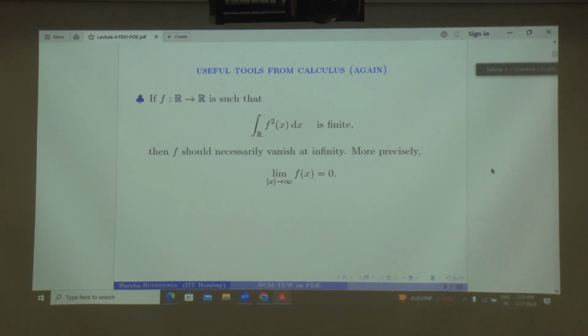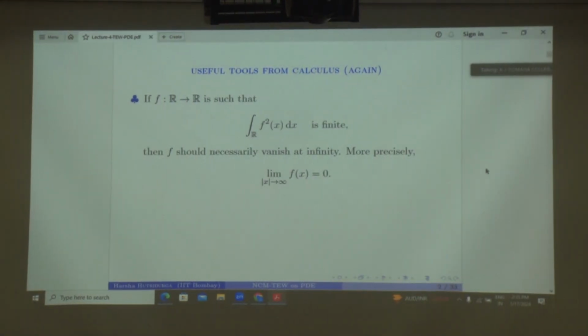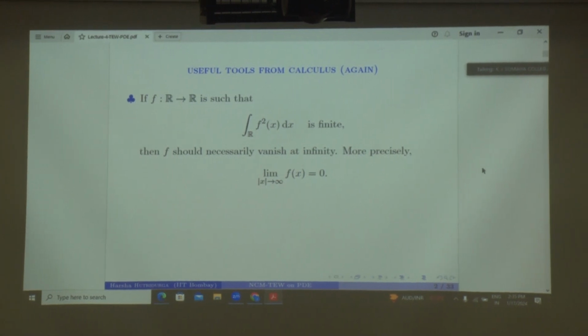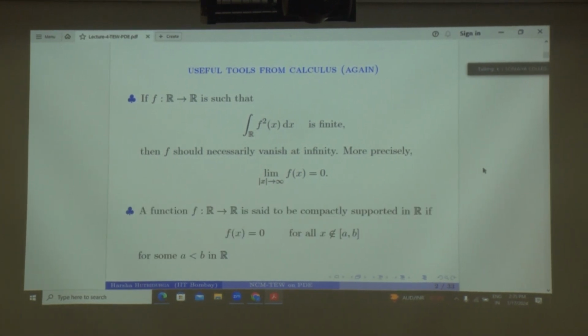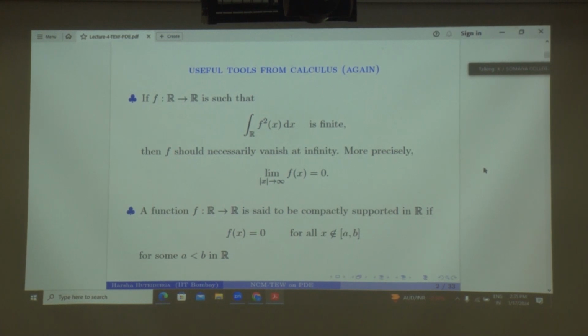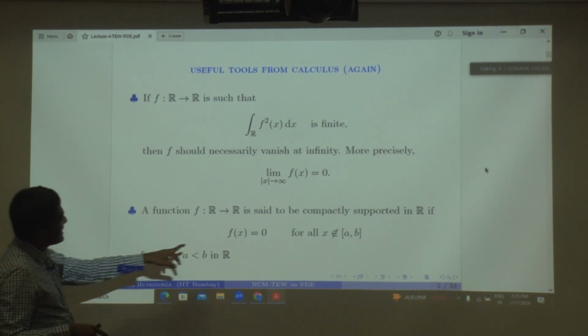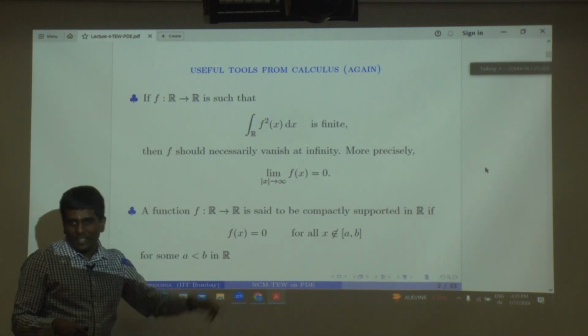So whenever we are trying to square integrate some function, we are essentially assuming that it is dying off at infinity. Okay? And a very nice class of functions for which this is actually true is the functions which are known as compactly supported. Okay. In the problem sheet that we gave yesterday, we stated this phrase, a function is compactly supported in R. That's a fancy way of saying this.